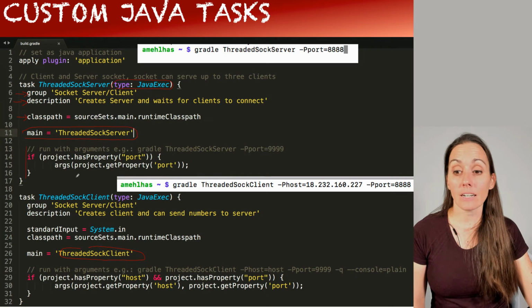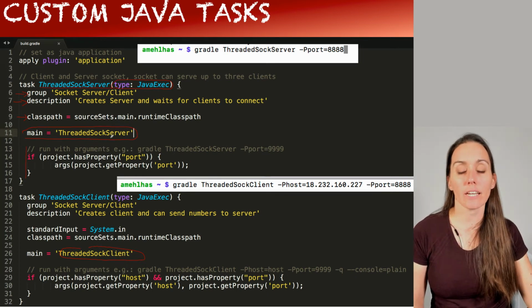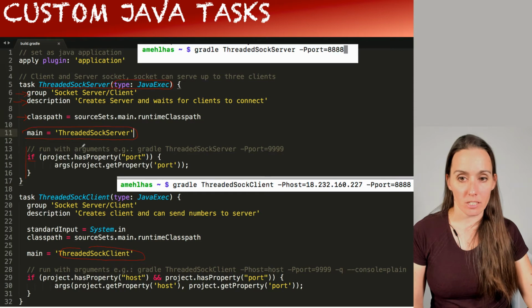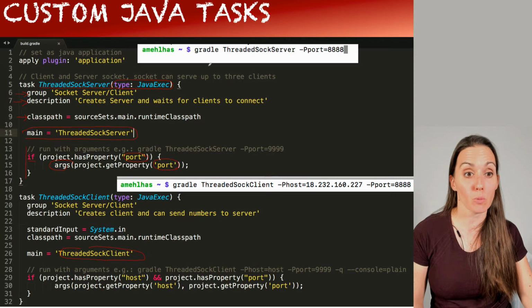And then here, this ThreadedSocketServer task actually expects inputs. So in that case here, we're saying, well, if the project, when I call this, has a property port, then set args and use that port property. How does that look like?